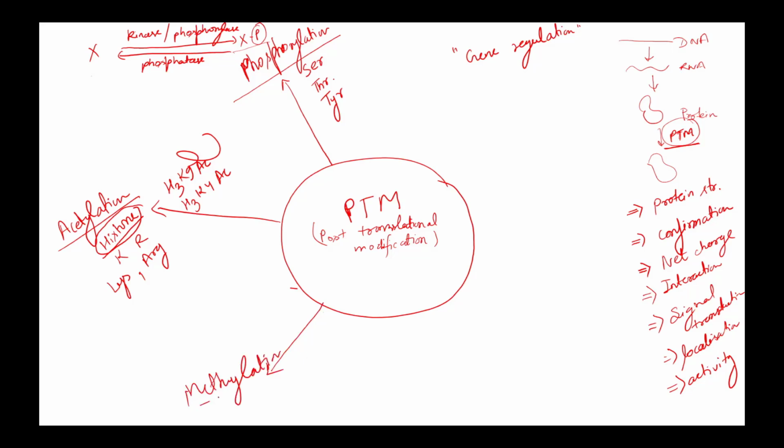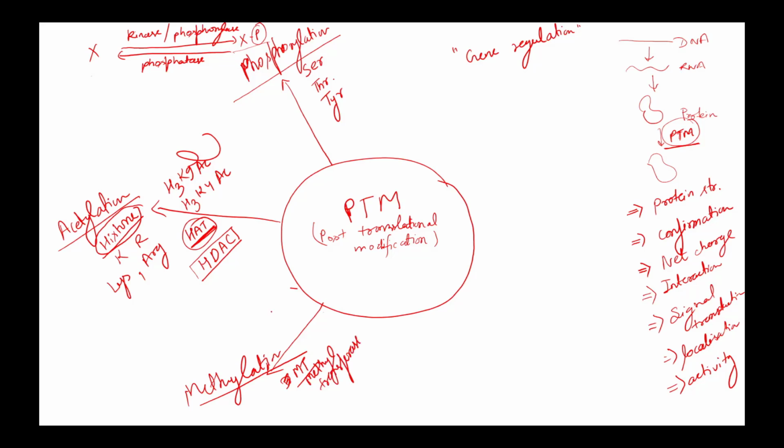The enzyme which carries out acetylation is histone acetyltransferase, also called HAT, and the one involved in deacetylation is histone deacetylase, for the removal of acetyl groups. Methylation is carried out by methyltransferases.